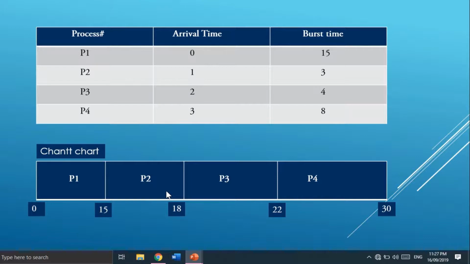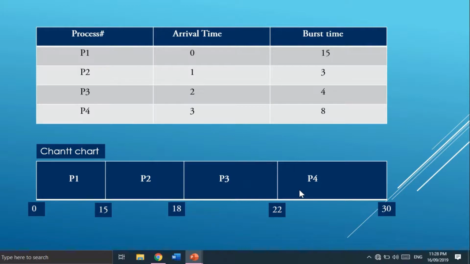Similarly, the finishing time for process 3 will be the executing time of P1 plus the executing time of P2 plus its own, and the result will be 22. 15 plus 3, 18 plus 4, 22.